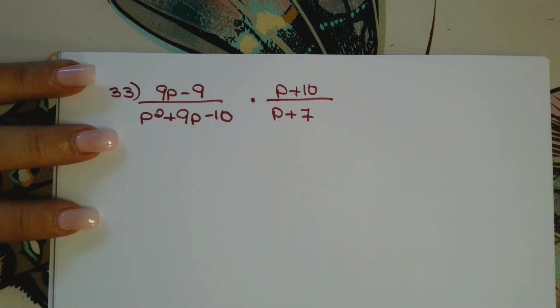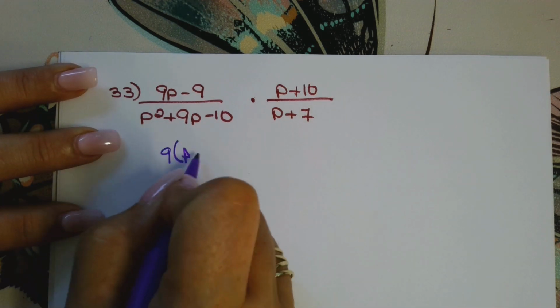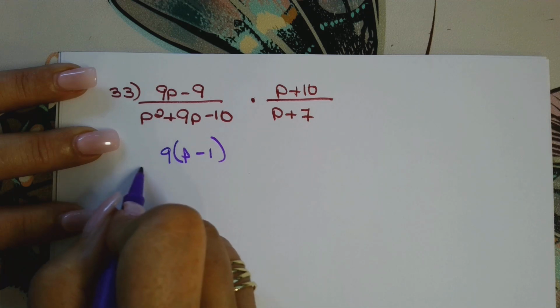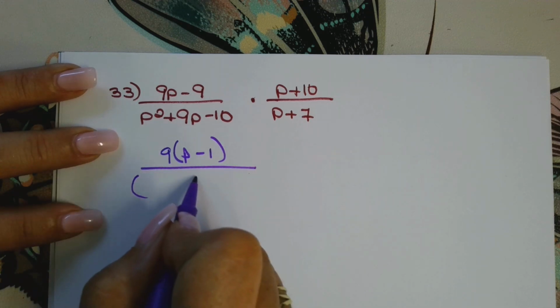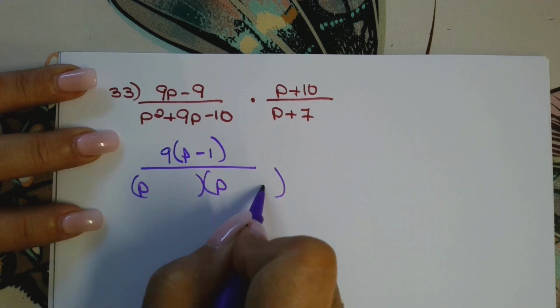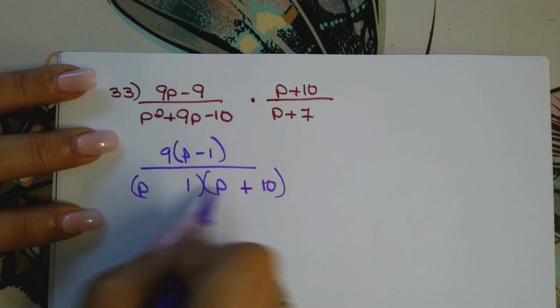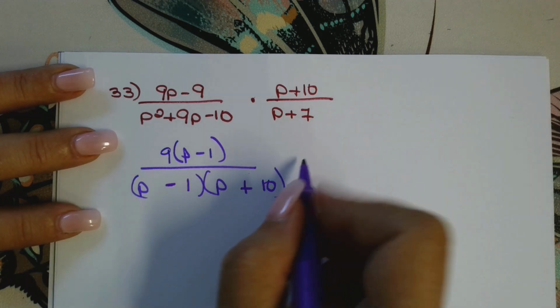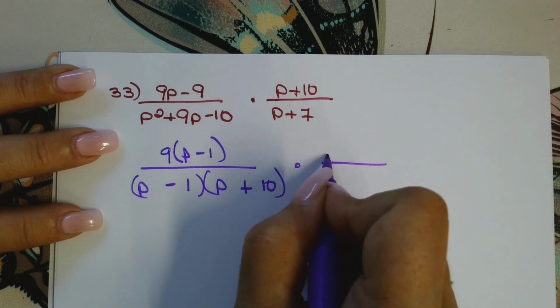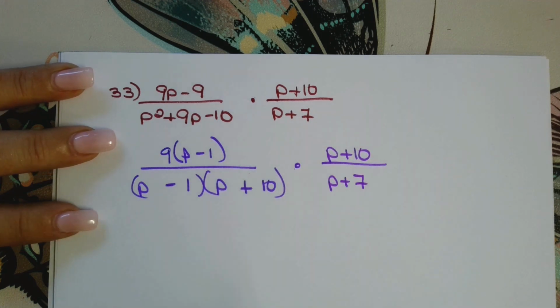Let's go ahead and factor. I'm going to pull out a 9 here. I'm going to be left with p minus 1. Here I can factor this into p times p. This will be 10 times 1. The 10 is positive, the 1 is negative. Here I have p plus 10 and p plus 7.